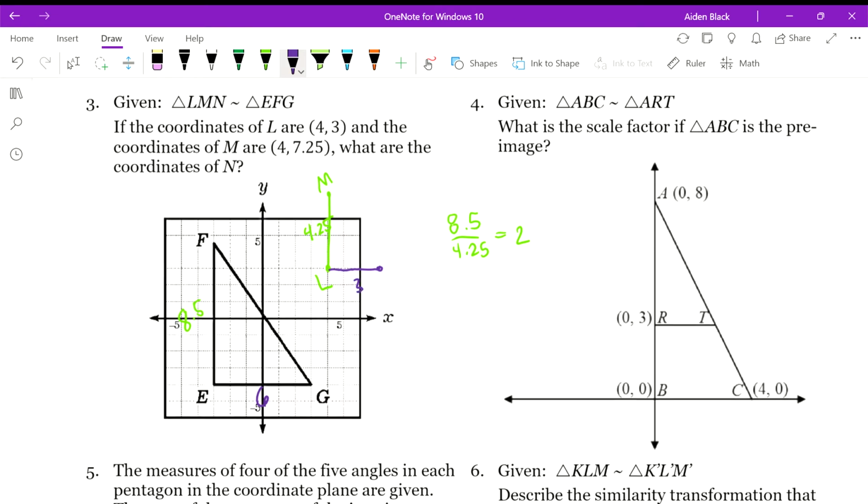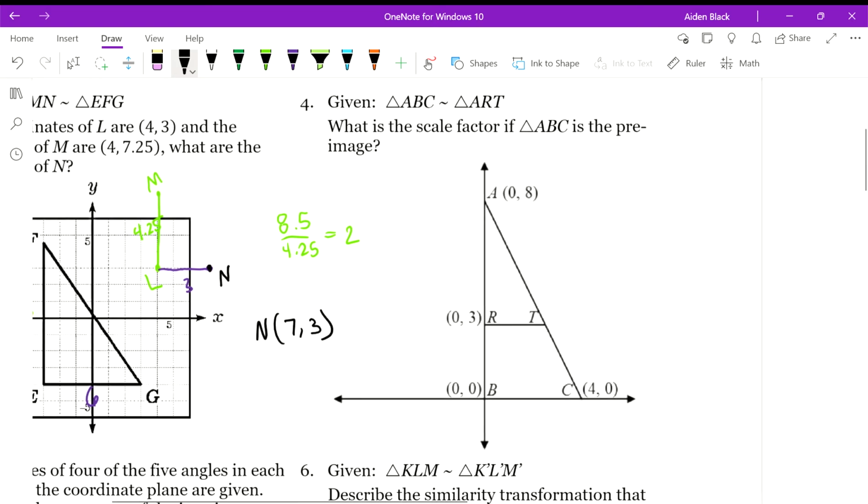Since they're similar, we know that their corresponding side lengths are proportional. So we know that N right here is located 3 units to the right of L, and L is at 4, 3. So N is located at 7, 3, right here.